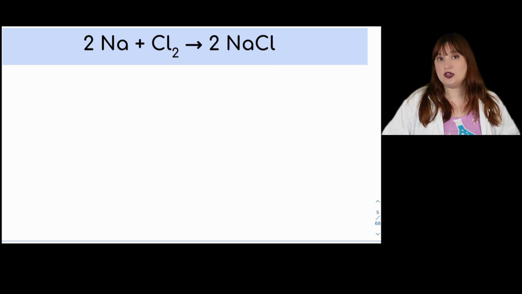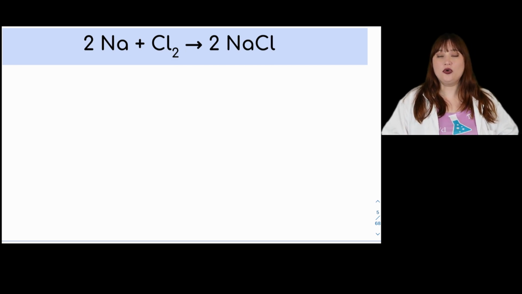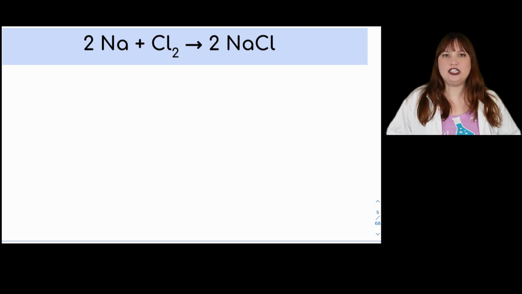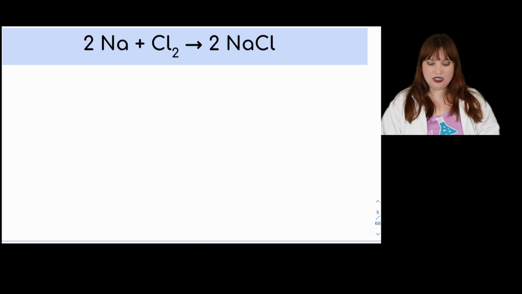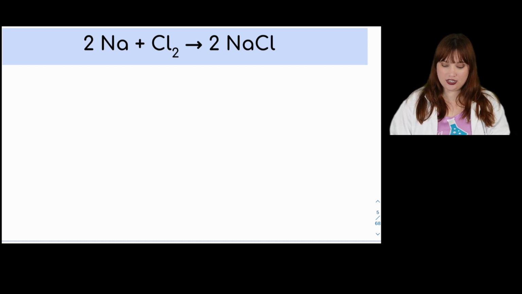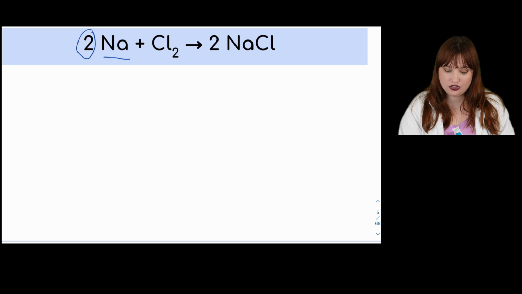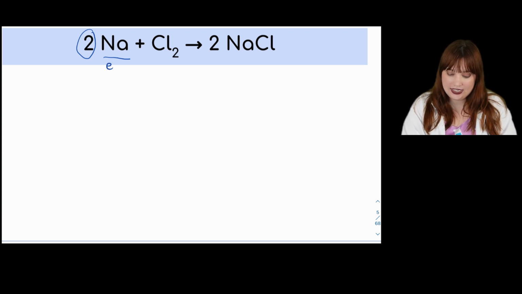Let's look at a chemical equation and break down what this means. What are all of these pieces? What would it really look like? Let's draw it together. So here in this chemical reaction, I have 2 Na. We know that Na is an element. It's the element sodium.